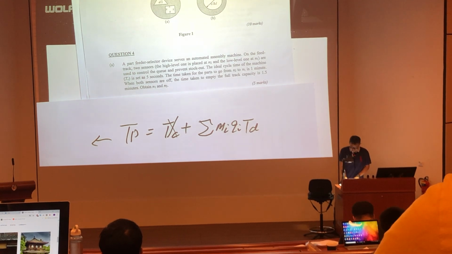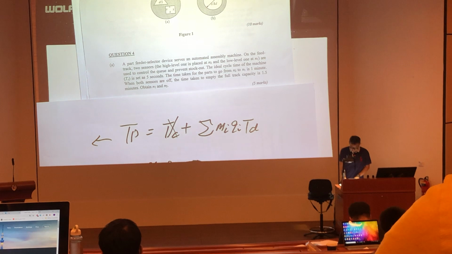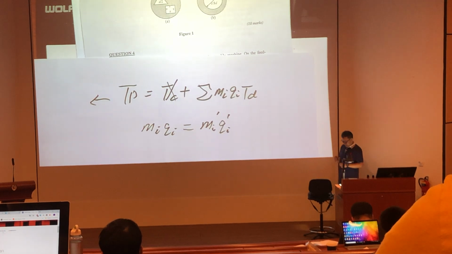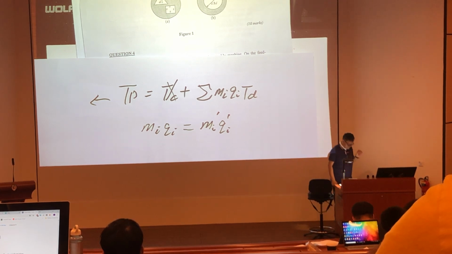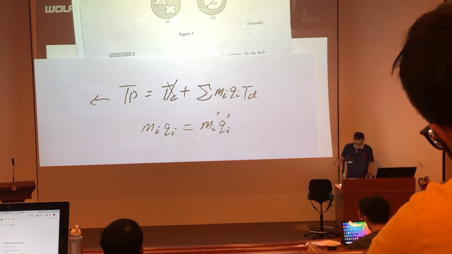So what we have is this equation: M1Q1 equals M2Q2, the current one and the new one. You will have this relationship. So that is the second one.